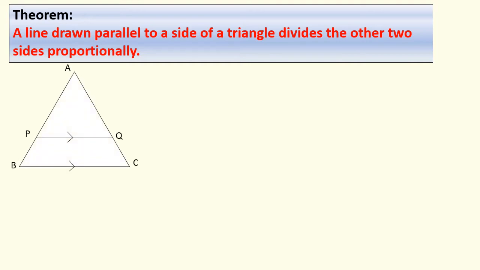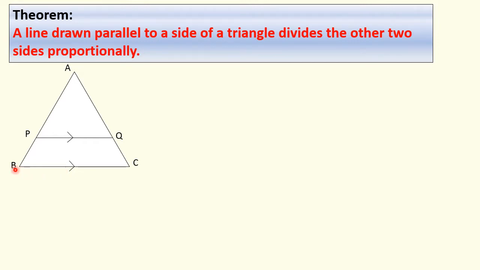The diagram, triangle ABC, is given. Here you can see the line PQ. The line PQ is drawn parallel to a side of the triangle ABC.